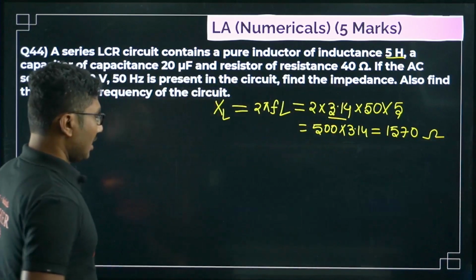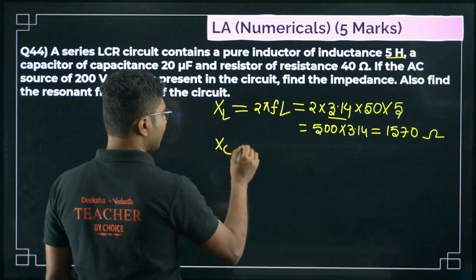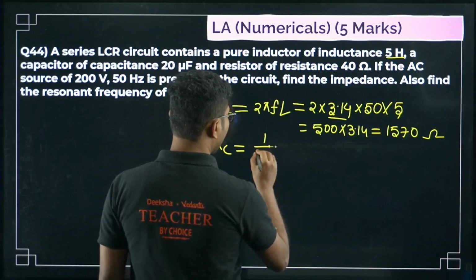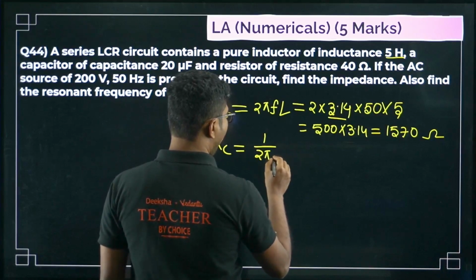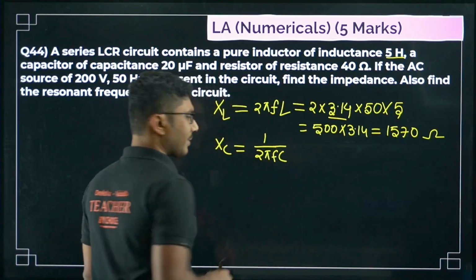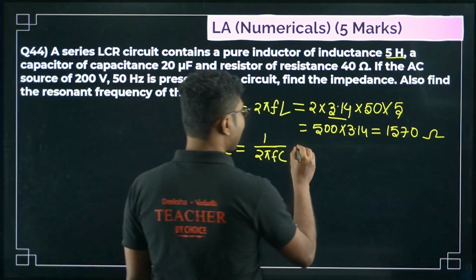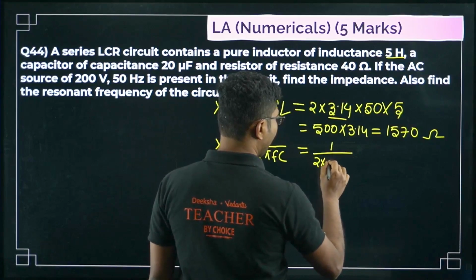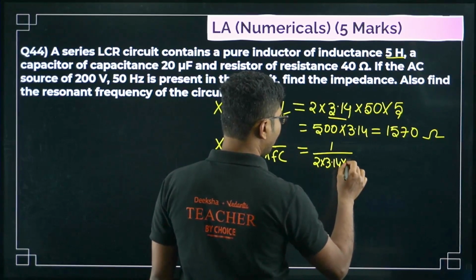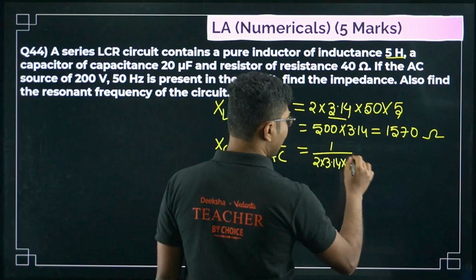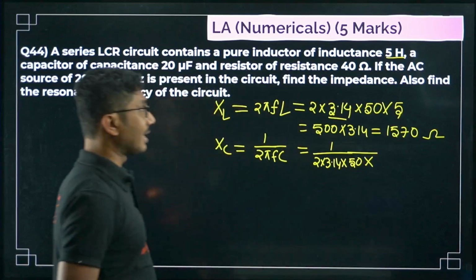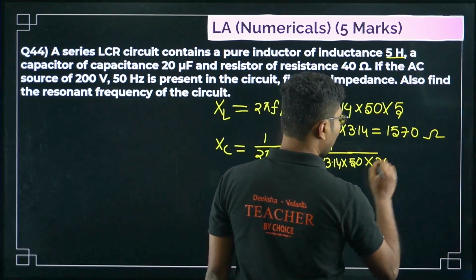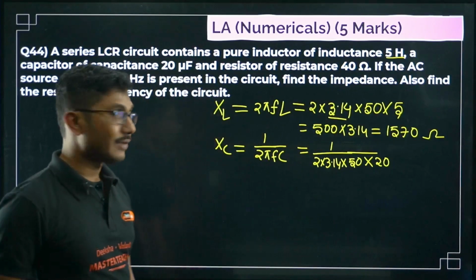Now XC will be equal to 1 by 2 pi F C. XC is 1 by 2 into 3.14 into 50 into C. The only thing you have to be careful about here is that capacitances are generally given in microfarad or picofarad.